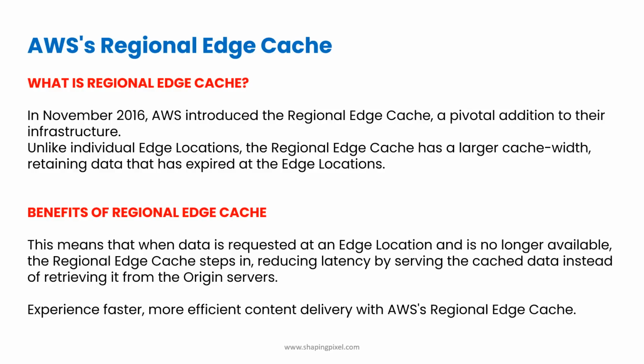The benefit of the regional edge cache is that when data is requested at an edge location and is no longer available, the regional edge cache steps in, reducing latency by serving the cached data instead of retrieving it from the original servers. Experience faster, more efficient content delivery with AWS Regional Edge Cache.